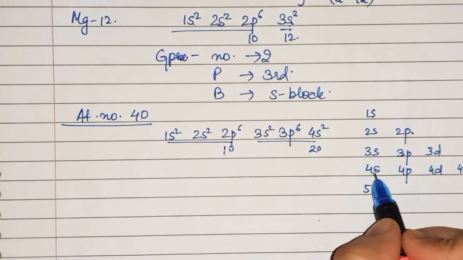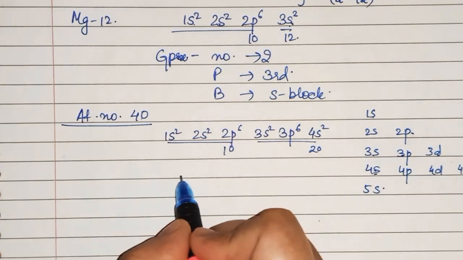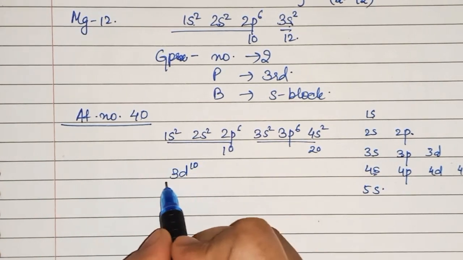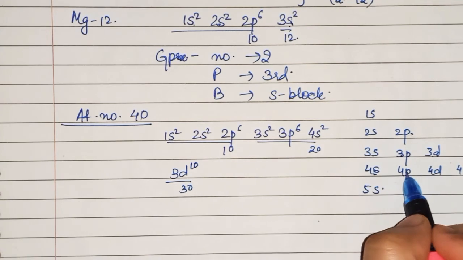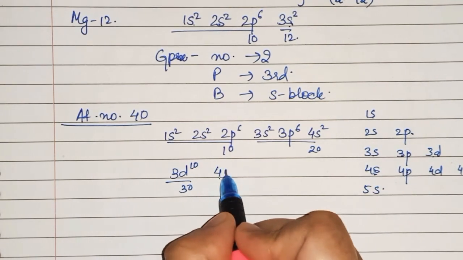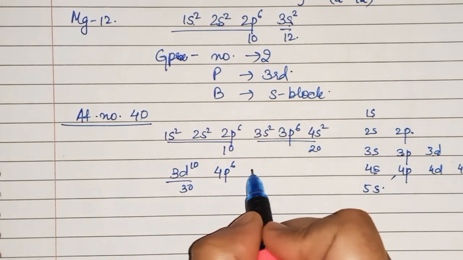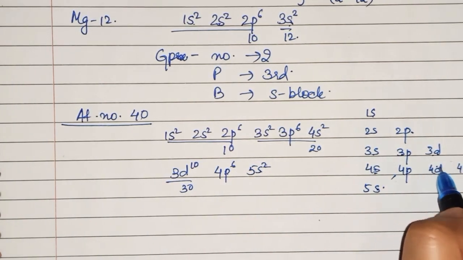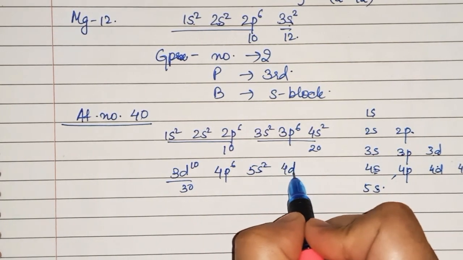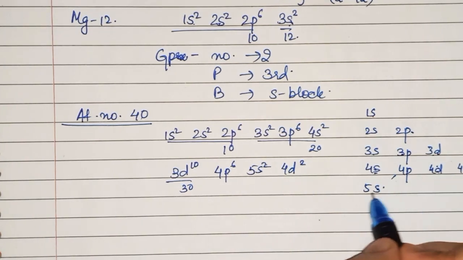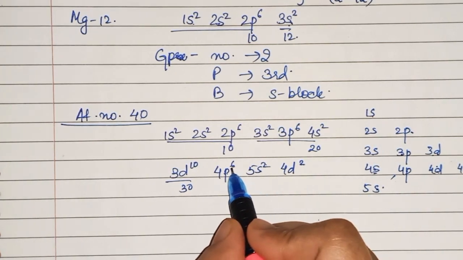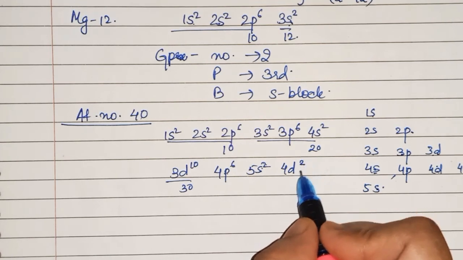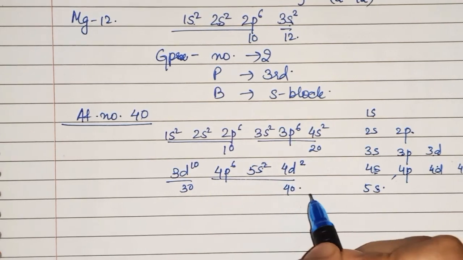Then we will enter 3d10, so 30 over here, then 4p6, then 5s2, that is 36, 37, 38, and then 4d2. So 36, 37, 38, 39, 40. So it is 40 over here.